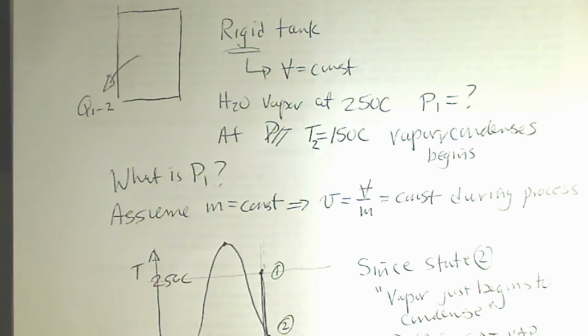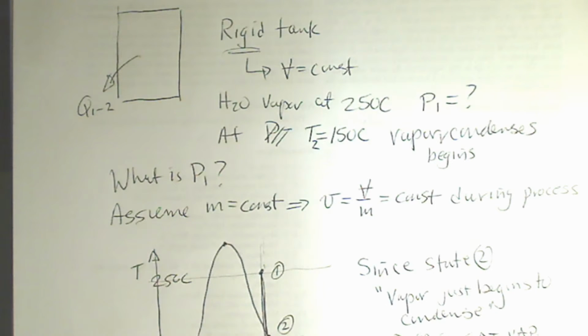If we can find V2, and we know that V1 has the same value, then we can use that information to determine whatever we need to know about state 1. Let me summarize this: state 2 is completely defined by the property pair T2 and essentially x2 equals 1.0.